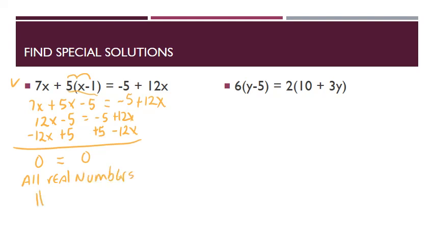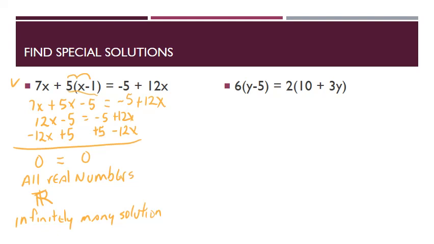Or I might see it written like this. So you could say I've got infinitely many solutions. But the bottom line is any value that I substitute in here for x is going to give me a valid solution. Let's just try one.